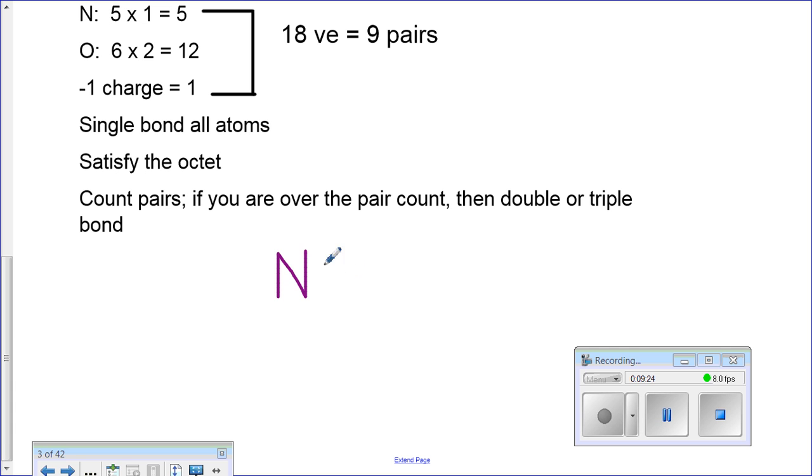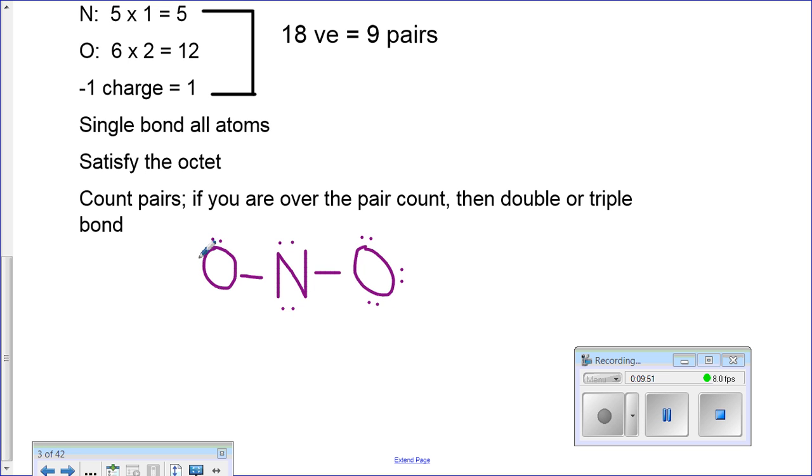Oxygen is going to go on either side, so I'm going to single bond those because that's what I need to start out with. Satisfy the octet rule, so I'm going to put 2 more valence electrons here and 2 more here. So now nitrogen has an octet, and then each of the oxygens will need 3 lone pairs or unshared pairs around them.